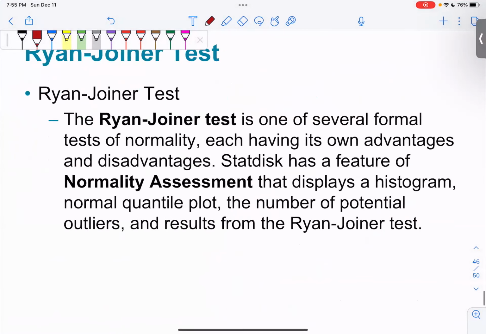Okay, and then the other test was the Ryan-Joiner test, which is one of those we can use, which is the decision we took right now.